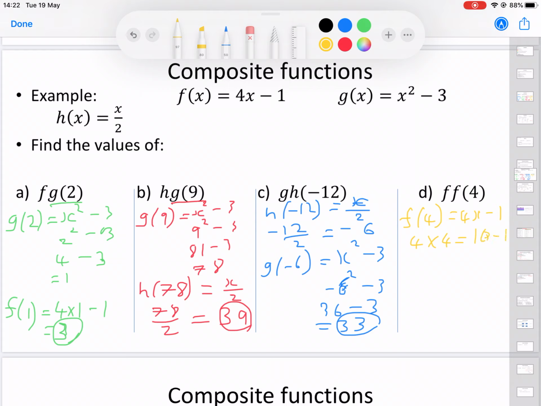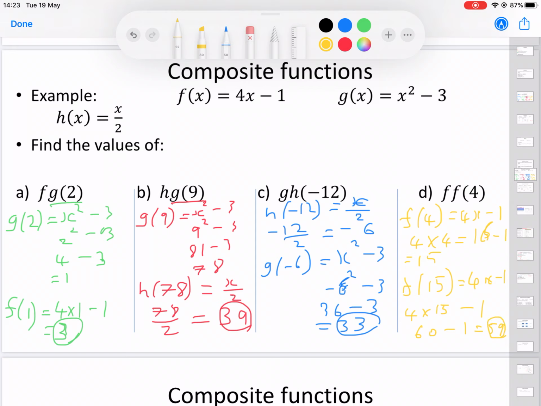My answer for that first bit is 15. Now I'm going to do f of 15, 4x minus 1. So 4 times 15, and then take away the 1. 4 times 15 gives me 60, minus the 1, gives me an answer of 59.